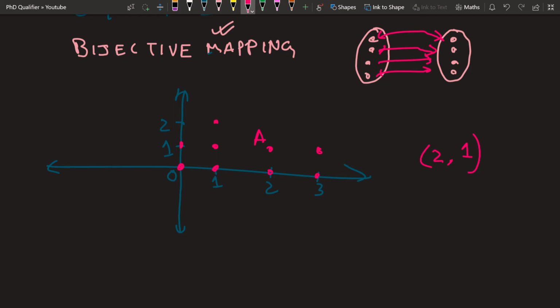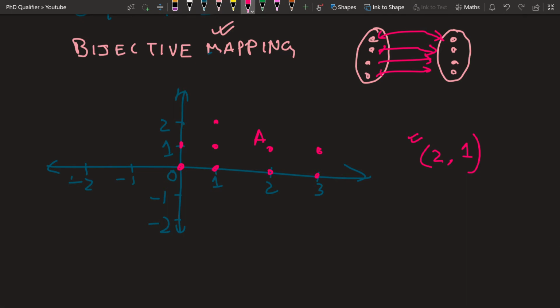So I will identify this point by writing 2 comma 1. And not only in the positive side, it extends in the negative side as well. So you can understand there are an infinite number of such points which fall in this integer plane.